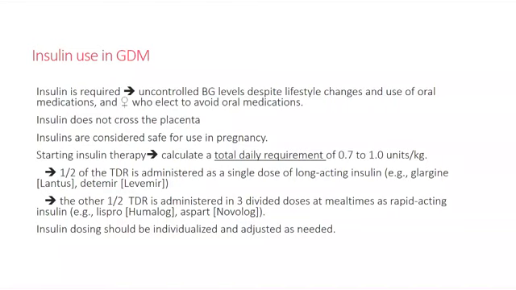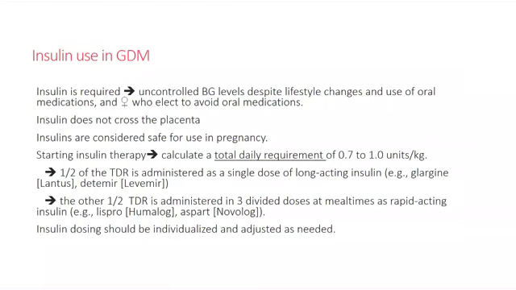So how do we start insulin therapy? It's really the same idea as non-pregnant. You calculate the daily requirements, giving her about 0.7 to 1.0 units per kilogram, and I always remember Dr. Kirk saying, if they are insulin naive, start with a lower dose. Then you can divide it in half.